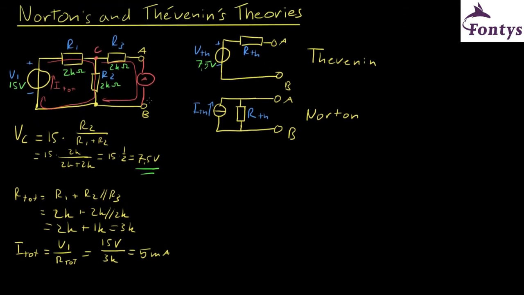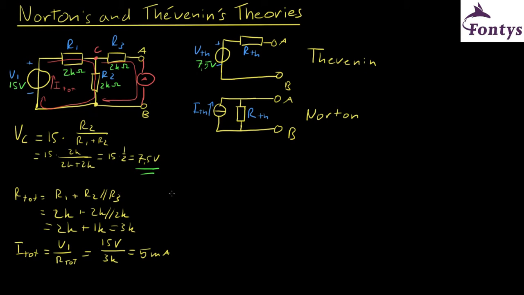As we can see now, not all the current is flowing from A to B. Some current is flowing from C directly to the negative node, and some current is flowing through R3. Since both resistors are the same, the current that flows through R2 is the same as the current that flows through R3.